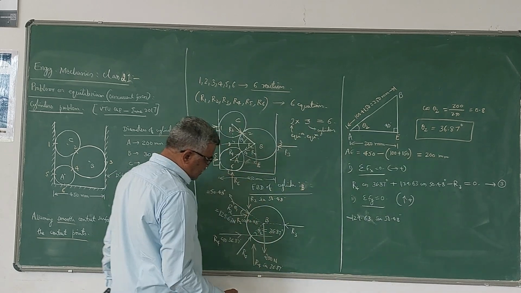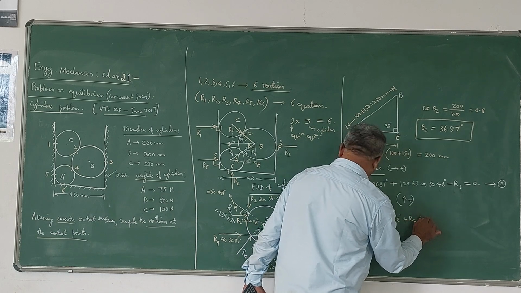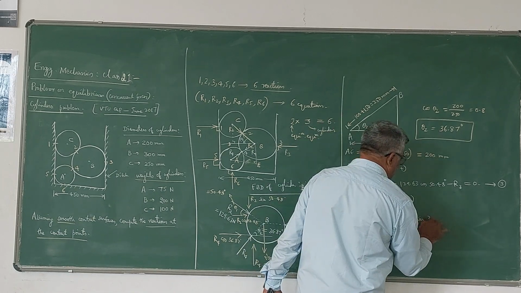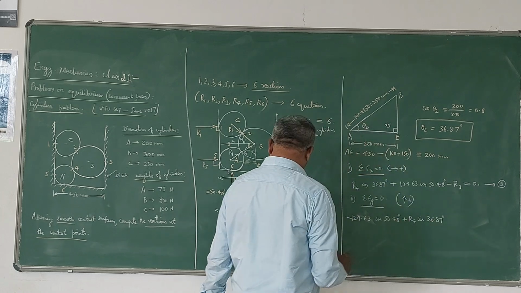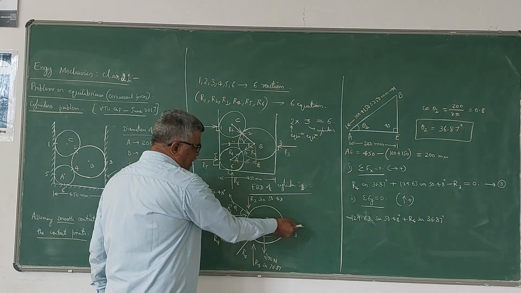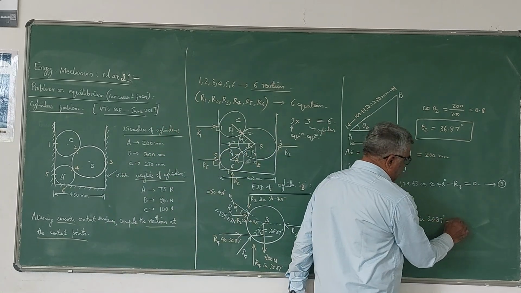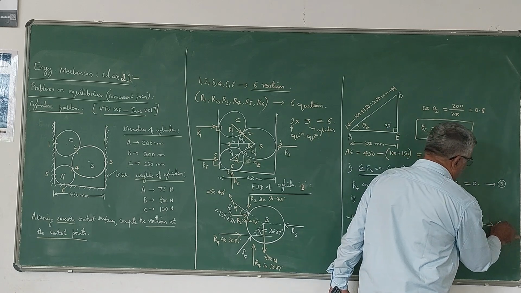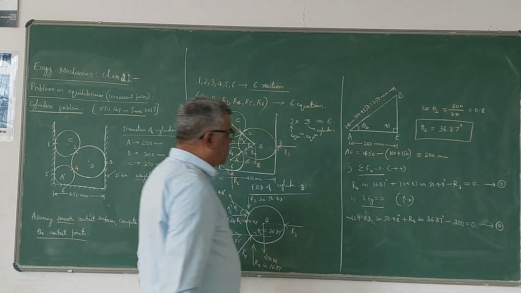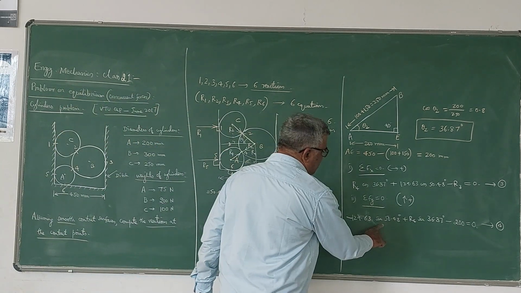This is upwards, plus R4 sin 36.87. R3 does not have any vertical component. Minus 200 because it is acting vertically downwards, is equal to 0. This is equation 4.